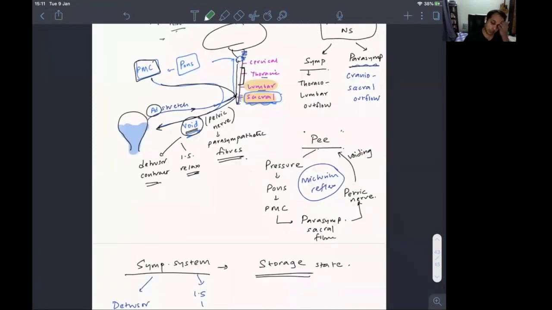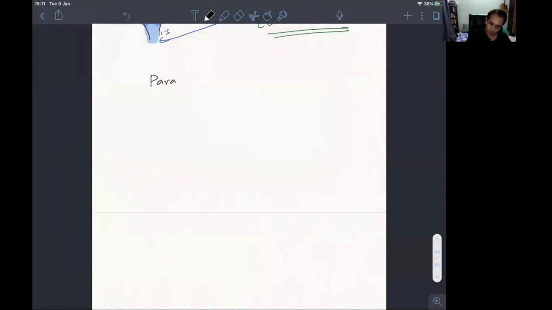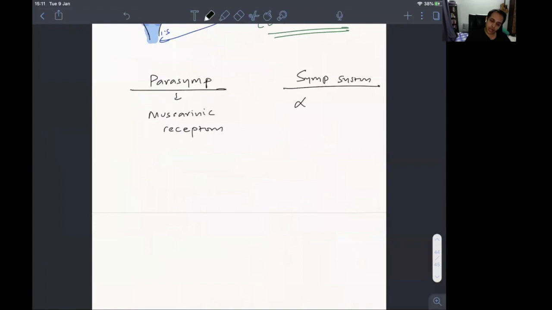Okay. Now, how does this do it? So the parasympathetic system acts on muscarinic receptors, and your sympathetic system acts on your adrenergic receptors. Okay.